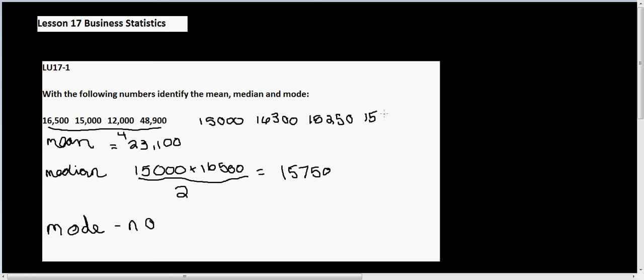Let's say all of these together were the numbers in my data pool. Then the mode would be, let's see which one repeats most often. 15,000 repeats 3 times. The mode would then be 15,000. But as it stands with just these 4, there is no repeating number, so there is no mode available.